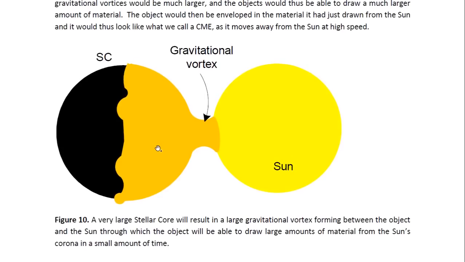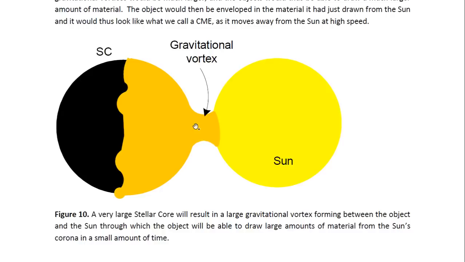They still exert a gravitational force on the sun. They will still create gravitational vortices, and a larger object will create a much larger gravitational vortex and thus be able to draw a much larger amount of material from the sun's corona and the chromosphere, most likely in a small amount of time.